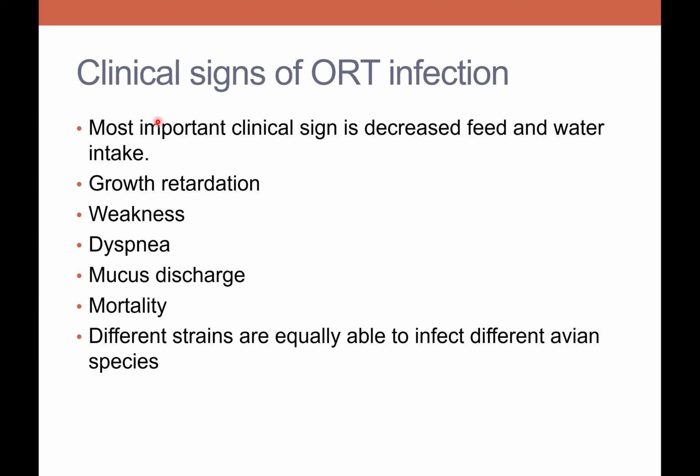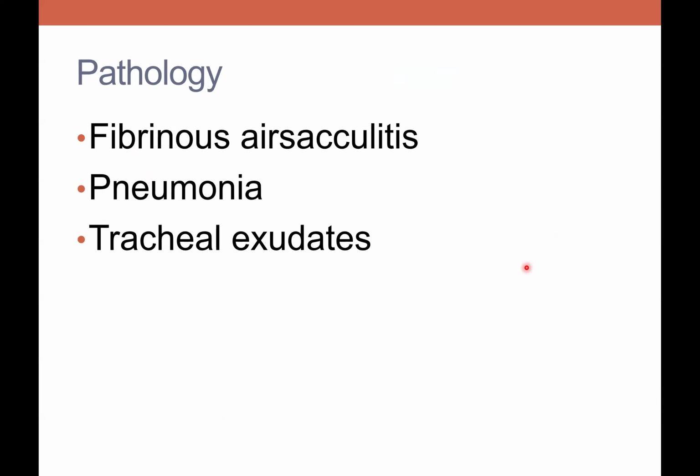However, please take note that in any disease in birds, maybe also in other species, one of the earliest signs of disease is decreased feed and water intake. So this is not specific to ORT. This can also be seen in other viral and bacterial infections. Then there's growth retardation, weakness, dyspnea, mucus discharge, mortality, and different strains are equally able to infect other avian species.